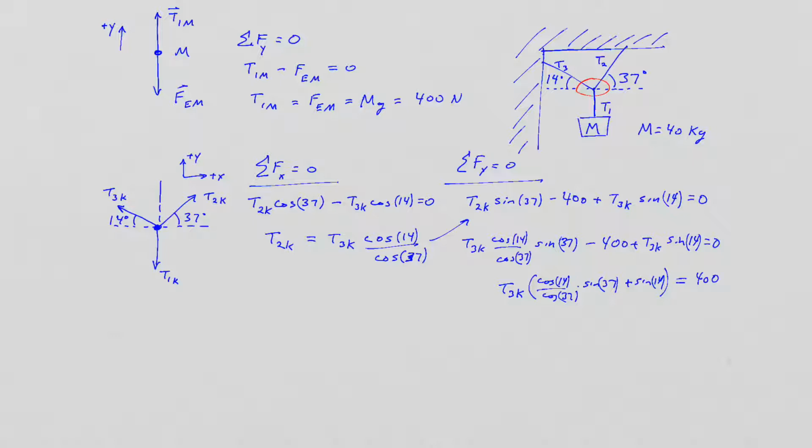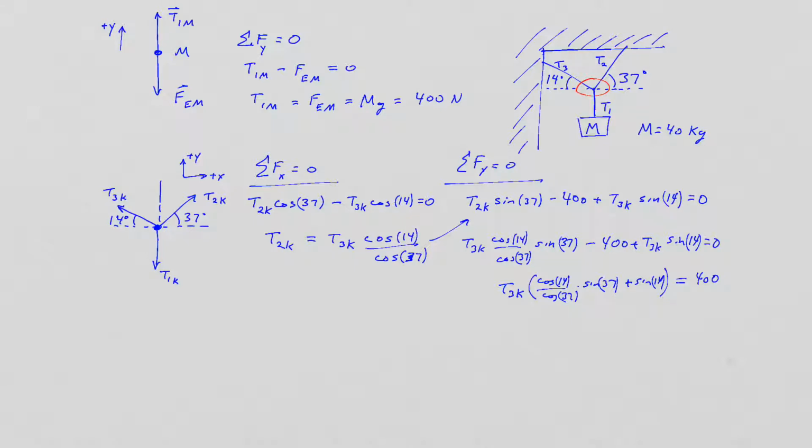So what I did was just take the 400 term and put it on the other side of the equation, so now it's plus 400. I've taken the T3k that's common to these two terms and pulled it out so it would multiply through to each of these two terms, and this way we have a way to solve explicitly for just T3k on its own.